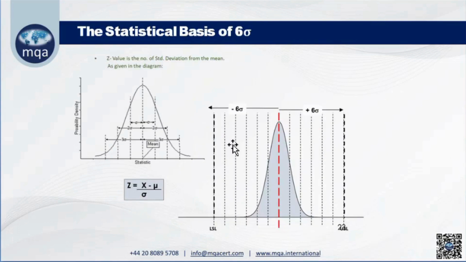Look at these lines, the dotted lines. 1, 2, 3, 4, 5, 6. On both sides, we have got possible 6 deviations, but our actual findings are centered on the red line. This is the target, and most of the findings are only here. They are not scattered. So there is a margin on both sides.